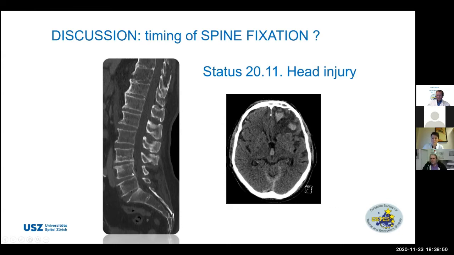Go on, Richard. Now, what I don't see is the CT scan. For me, this is a B3 fracture of the spine. It's no bamboo spine, but there are degenerative changes. So you have to avoid hyperextension.